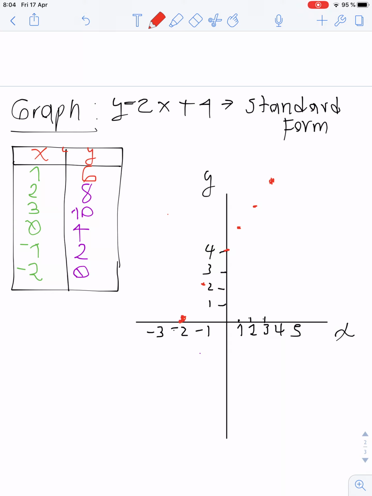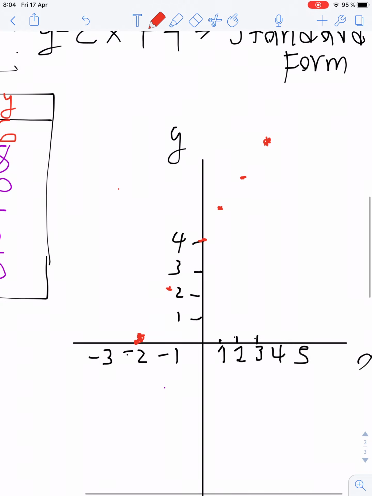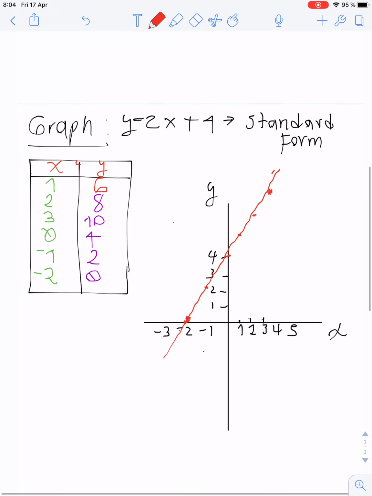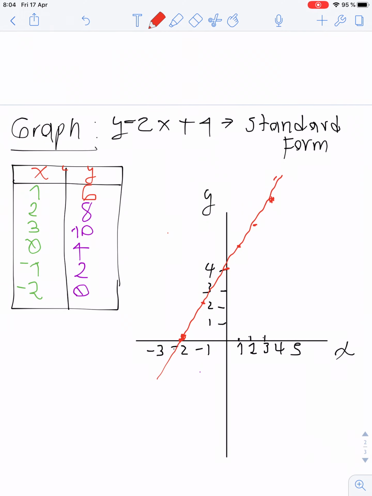If we can see, we can join the points. Sorry for this line, but this is the idea. And if you see, we have a linear tendency. That is the way we can graph.